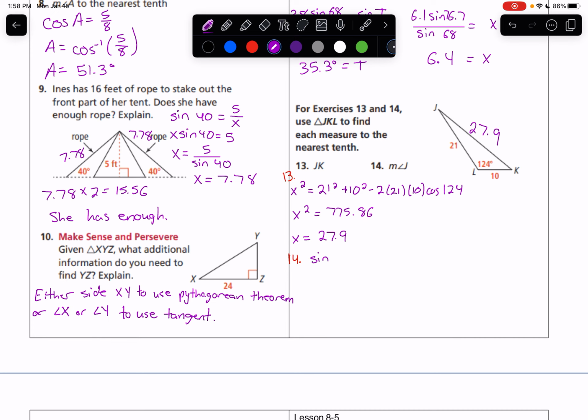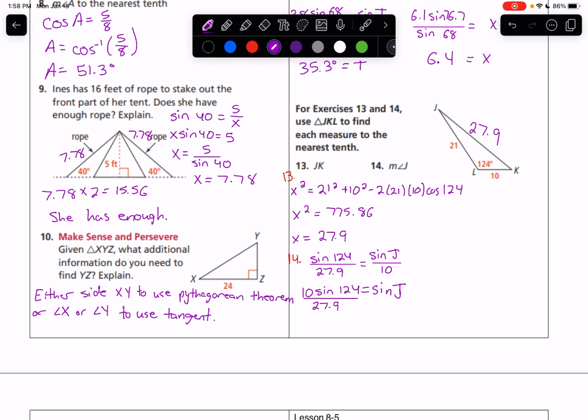So I'll say the sine of the angle 124 over the opposite side 27.9 is equal to the sine of the angle I don't know, angle J, over its opposite side of 10. We will cross multiply, so I've got 10 sine of 124 equals 27.9 sine of J. So I'm just going to go ahead and divide both sides by 27.9 in the same step. So the other side is just the sine of J.